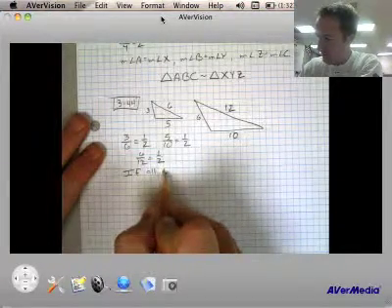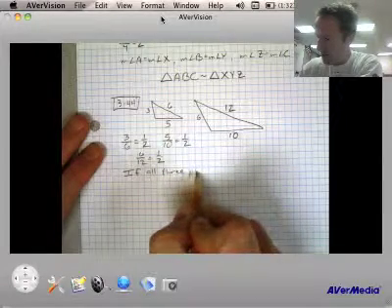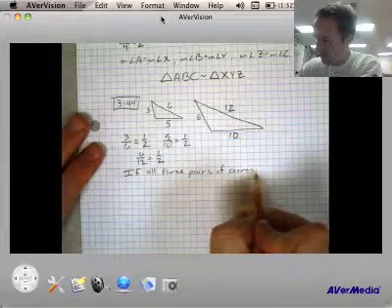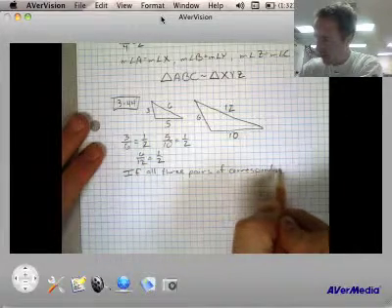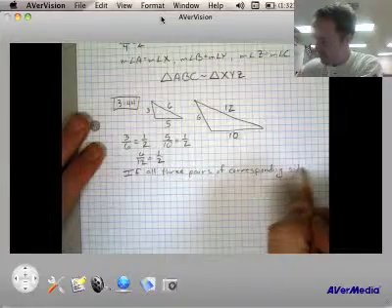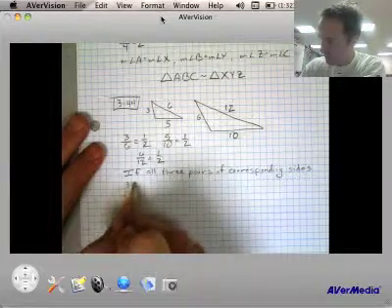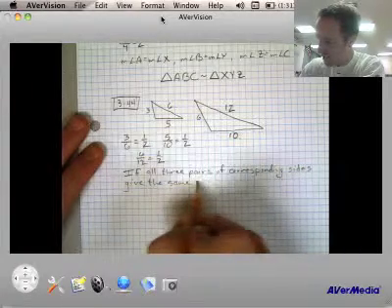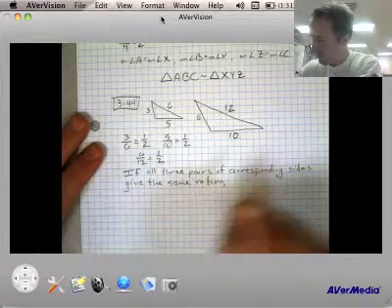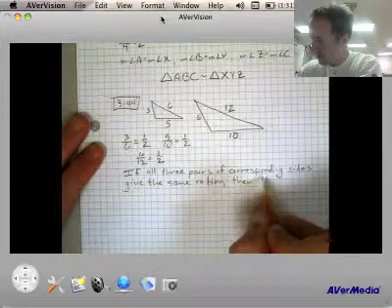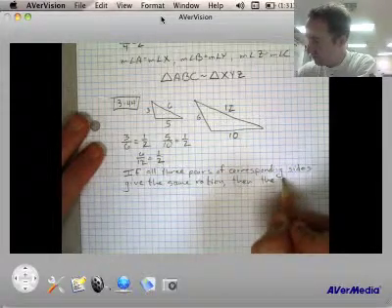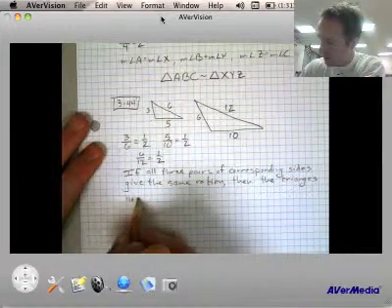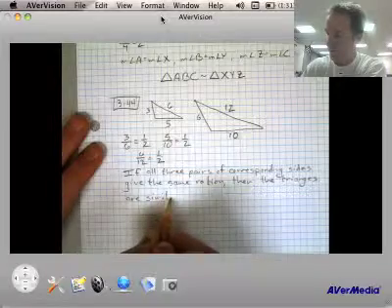If all 3 pairs of corresponding sides give the same ratio, then the triangles are similar.